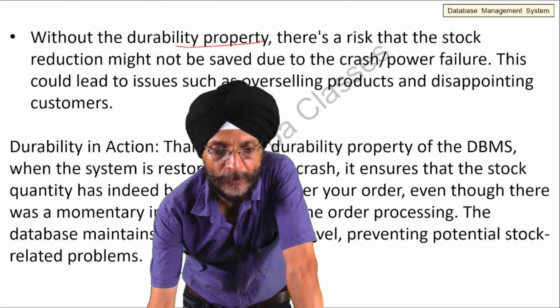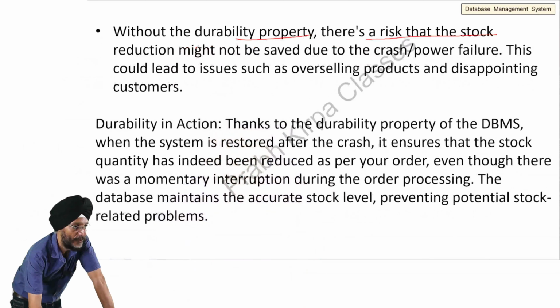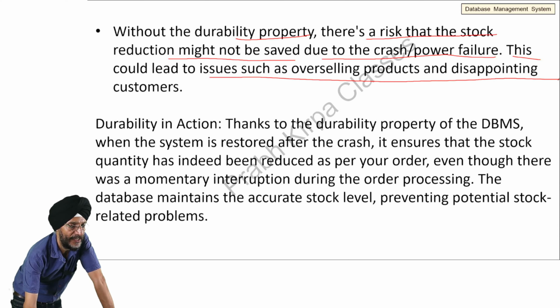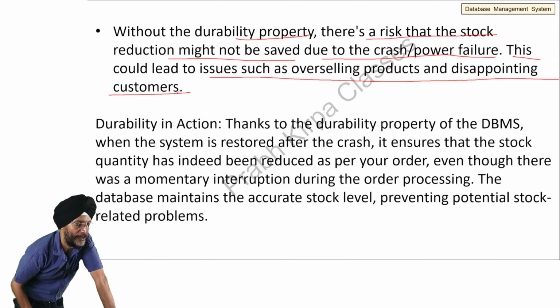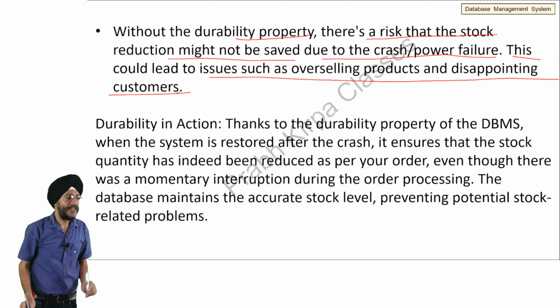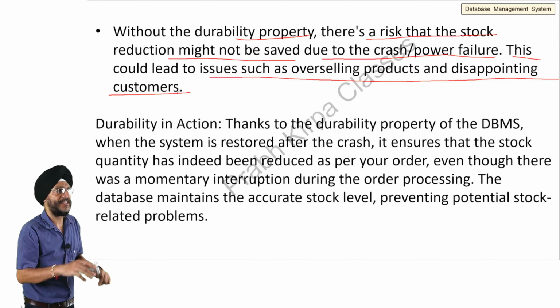Without the durability property, there is a risk that the stock reduction might not be saved due to the crash or power failure. This could lead to issues such as overselling products and disappointing customers. Now, the durability property comes into action.